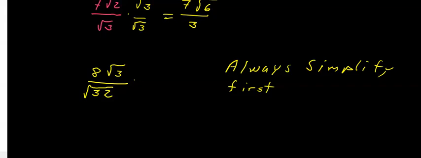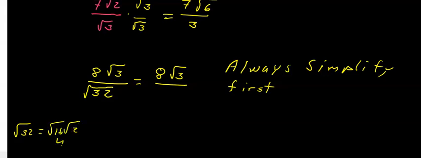So this is really equal to 8 square root of 3 over the square root of 32, which is 16 times 2, so 4 square root of 2. But we're not done simplifying.